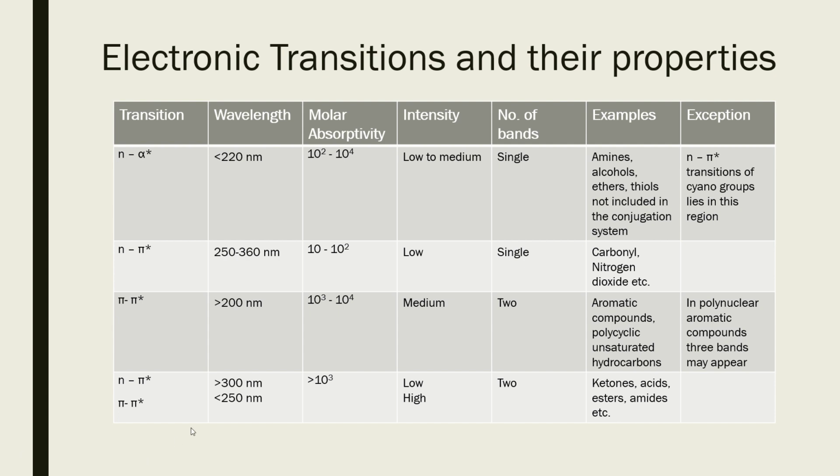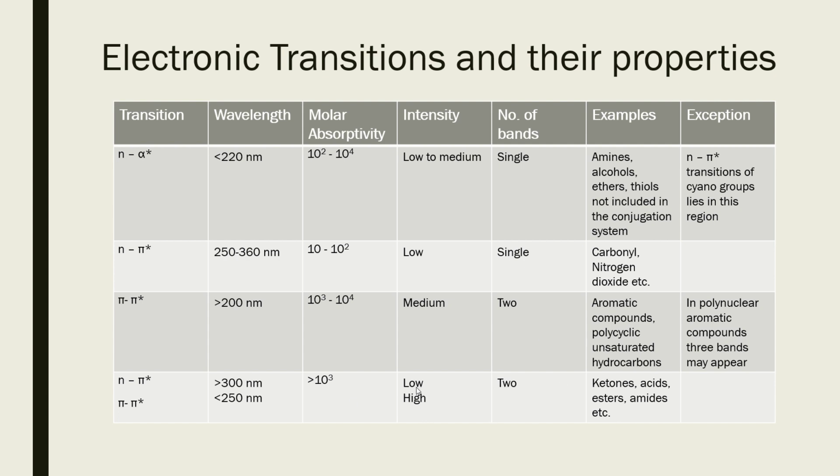There are certain molecules which possess both n to pi star transition as well as pi to pi star transition. These molecules are ketones, acids, esters, amides, carboxylic acids. In this wavelength region, 2 bands are seen.